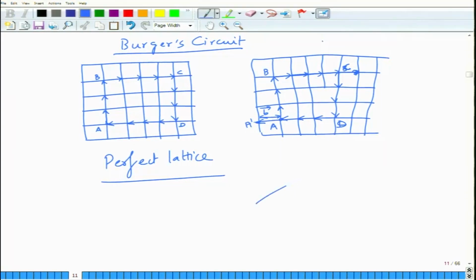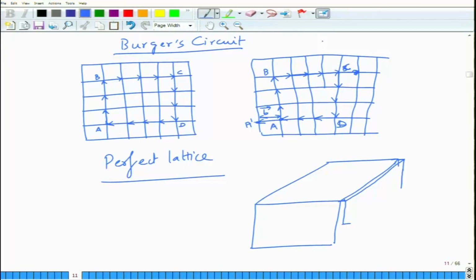If I draw the 3D diagram, this is your extra step that has formed somewhere here, and this will be the back side of the crystal. This extra step is the Burgers vector, and your dislocation line is running in this direction.